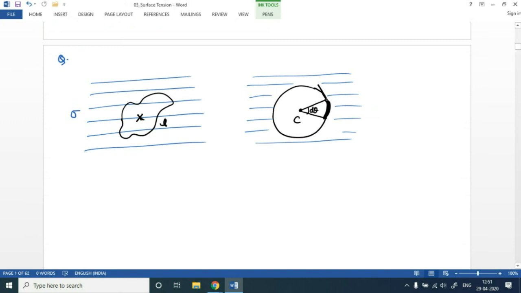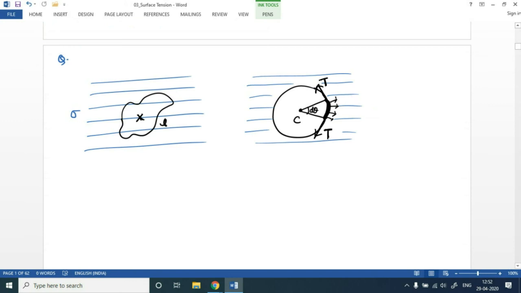So here it will experience a tension inside the thread in the tangential direction, and here it will be the same tension due to symmetry, tangential to this circle. Apart from that, there would be surface tension force, along the surface and perpendicular to that line. So we are going to balance all those forces.